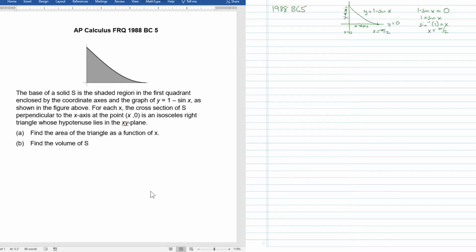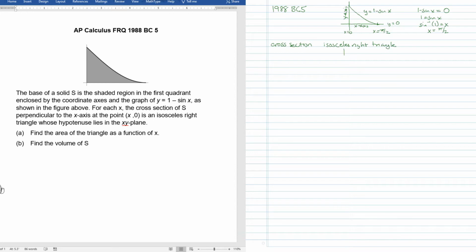I am reading the paragraph, and in the second line it says, for each x, the cross-section. You can't see me annotate, so I'll write it down. The cross-section is going to end up being an isosceles right triangle.